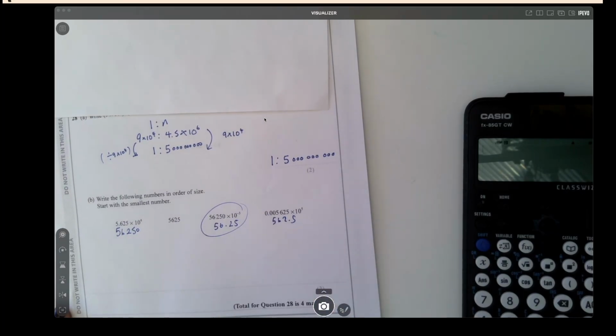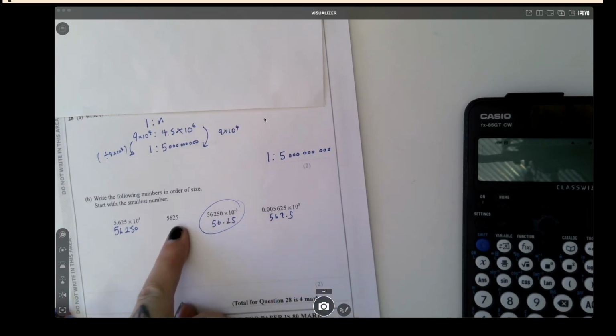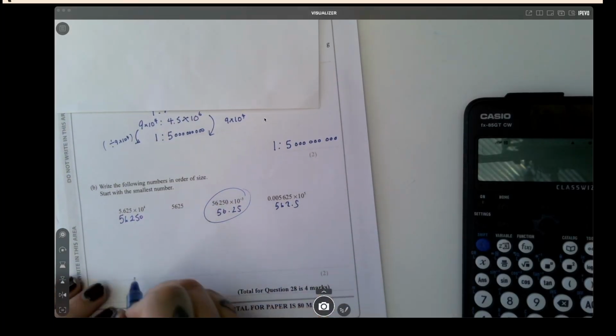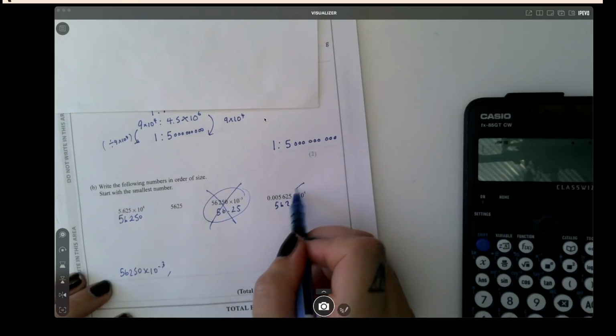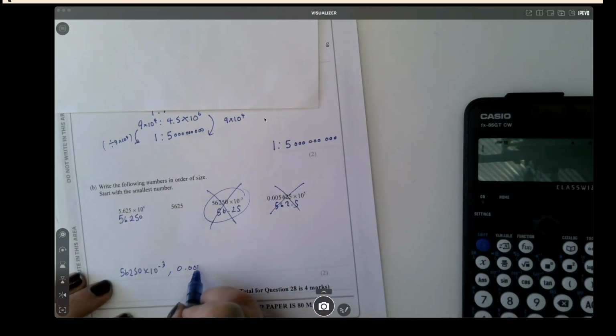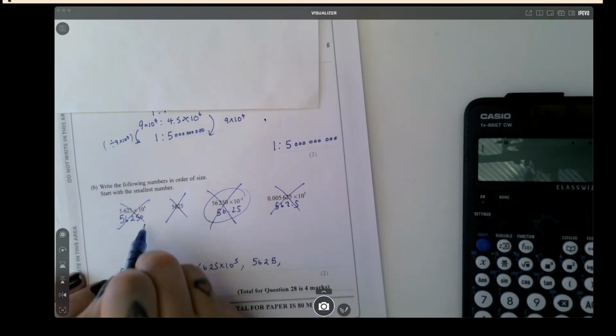This is my smallest number. 56 is smaller than 562 and 56,250. So this is the number I'm going to write first, but I'm going to put it in standard form in its original form. So that's the smallest, done that one. The next one is this one. And then it's this one. And then last but not least.